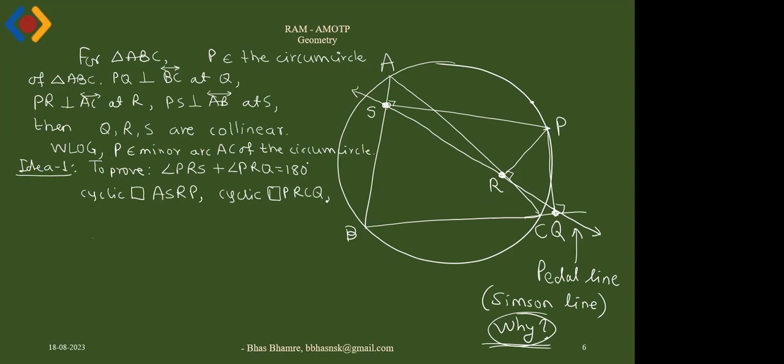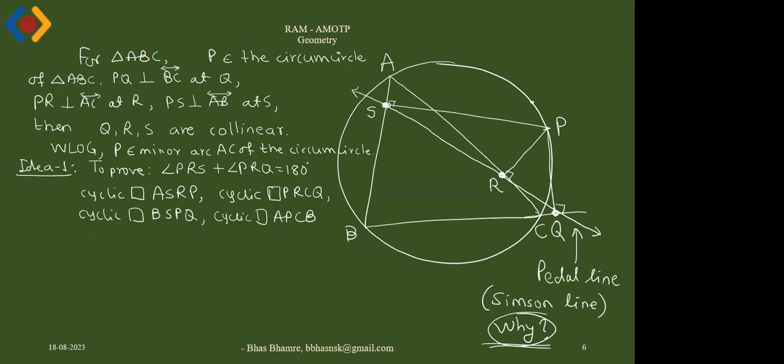From B, we have ABCP, a cyclic quadrilateral by construction. So there are so many cyclic quadrilaterals. I am just naming them: BSPQ also, and APCB.